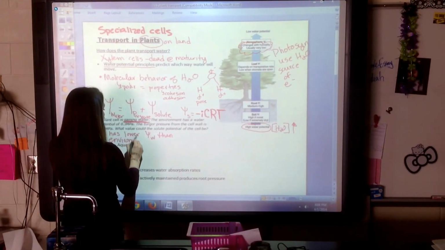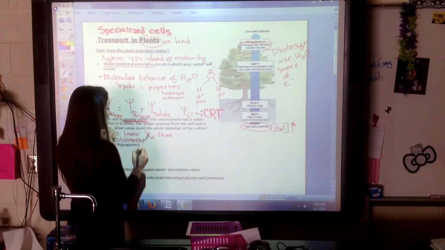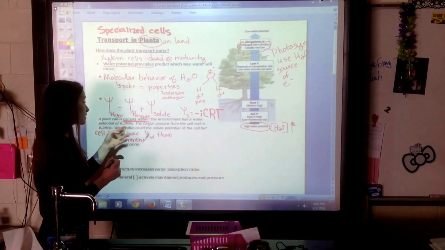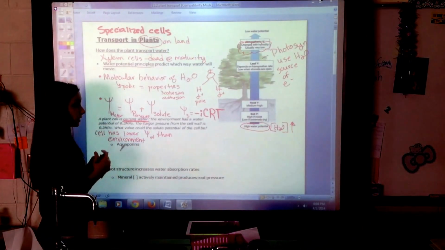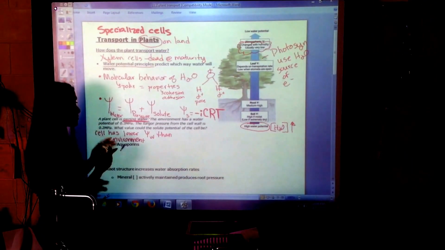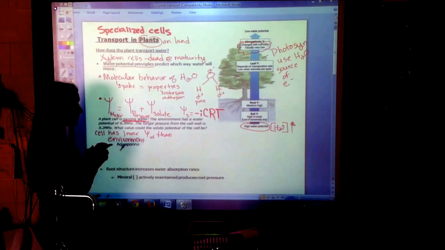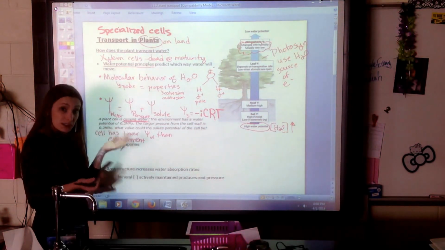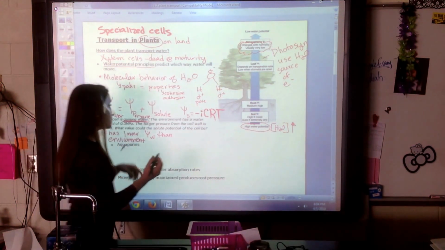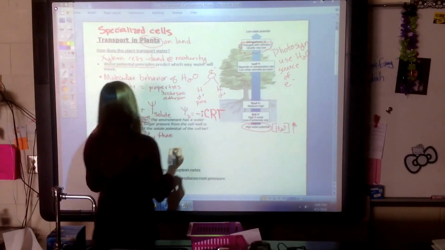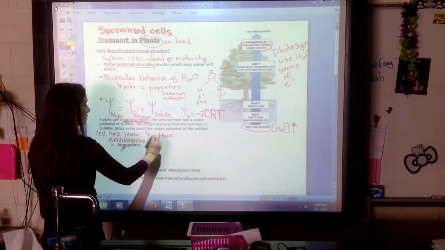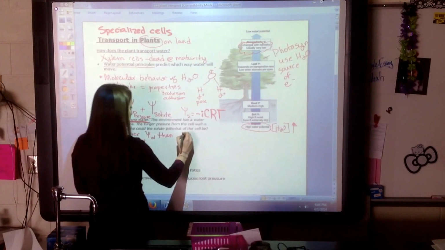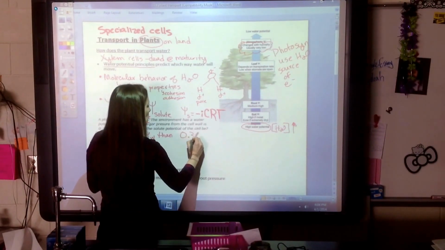The environment has a water potential of 0.3 megapascals. The unit doesn't matter to you, except that you should know that this means that the cell has a lower water potential than 0.3 megapascals.